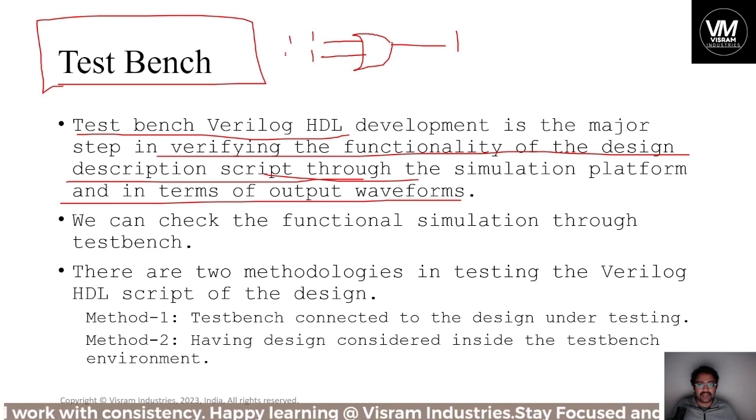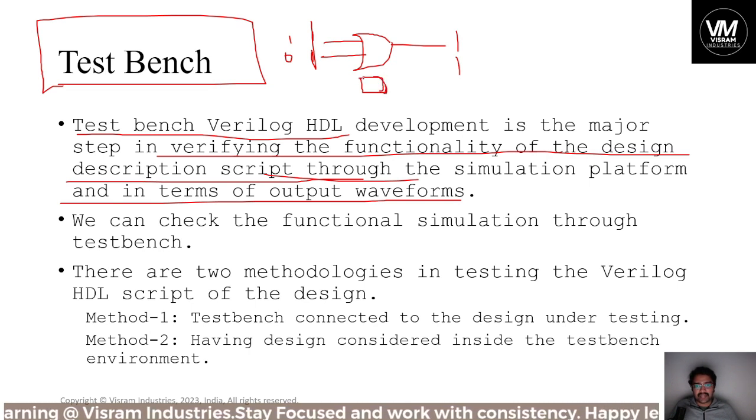If it is 1 comma 0, your output can be 1 again, if it is an OR gate. If it is an AND gate, and you have input values 1 and 0, your output can be 0.